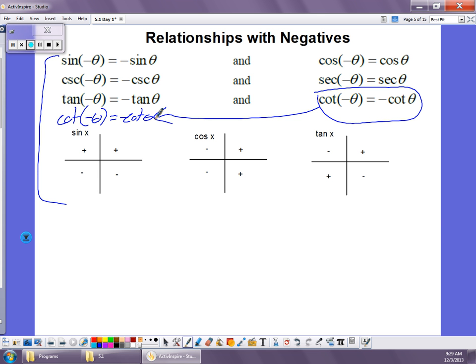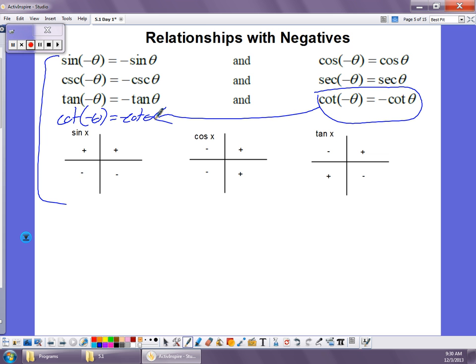Okay? And with cosine and secant, when you take the cosine of a negative angle or the secant of a negative angle, you can just get rid of the negative altogether because it's going to be the same. Because if you take the negative of an angle or the positive, they're both going to be the same sign. Does anyone remember when we grouped these 4 together before and these 2 together?